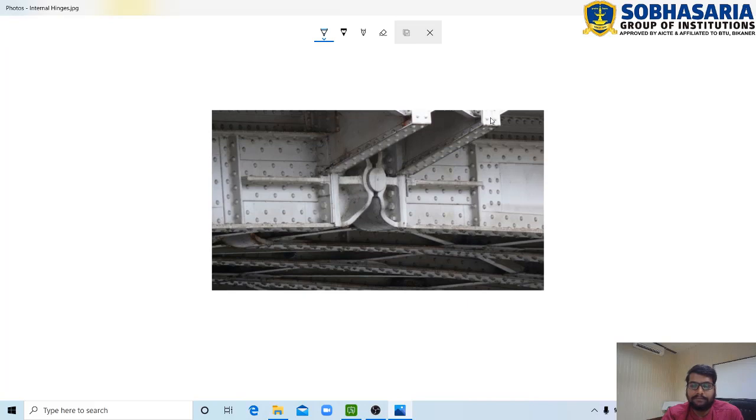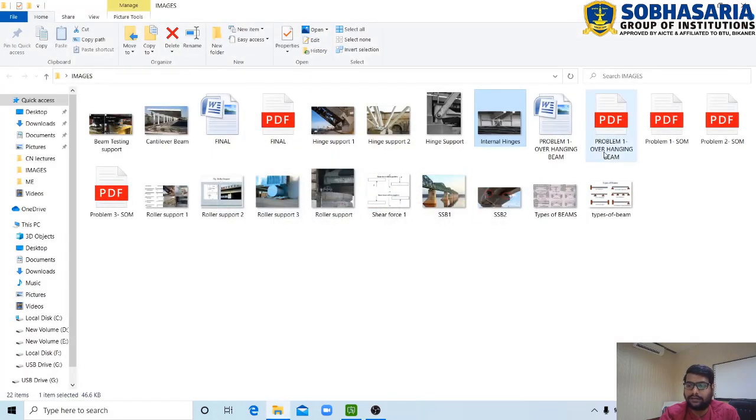You see, this is an internal hinge. You can see here there is a gap and there is a gap, means this can move and adjust itself, it can rotate. So, this is an internal hinge in a deck section. Like where you want one deck section to be lifted, there you can provide internal hinges.